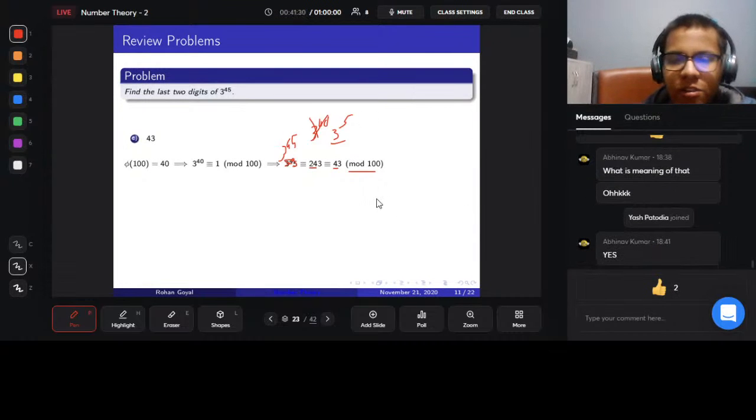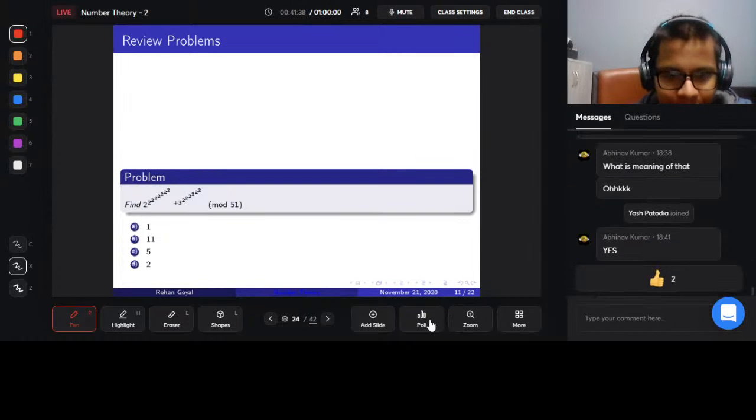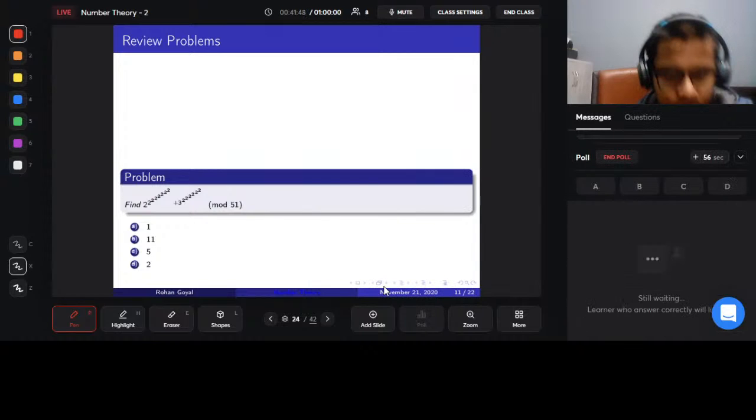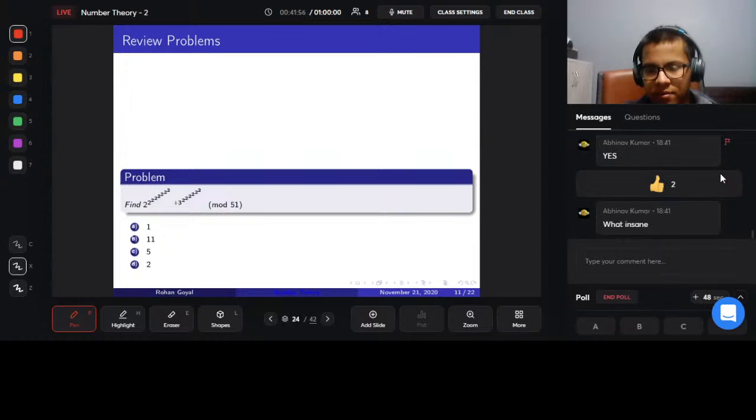The next problem may look slightly scary, but don't worry, it's not that hard. Could you try this problem, please? Don't be scared. This is just to show you how powerful Euler's totient function is.